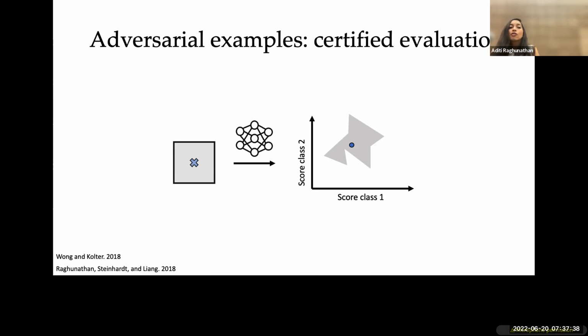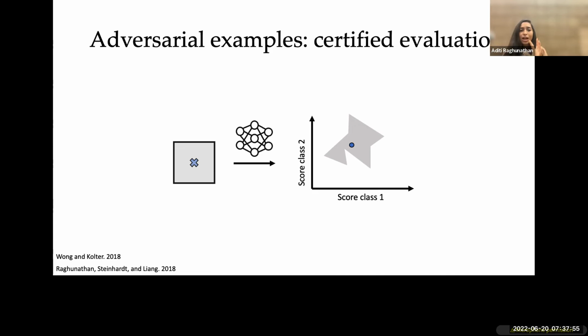If we were to reason about this complicated non-convex object, we run into problems because there are all these corners that you might miss out. You don't really know if there is a point that a model actually gets wrong. So one way to get a certified evaluation is the following idea.